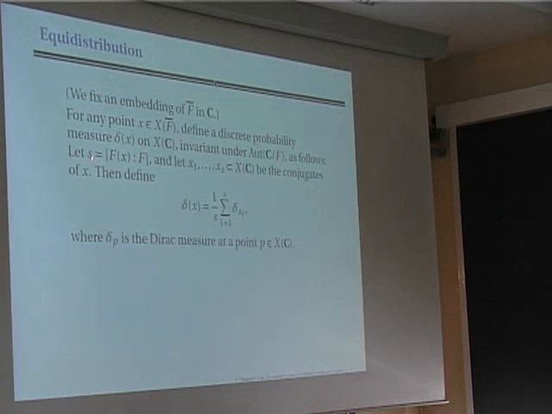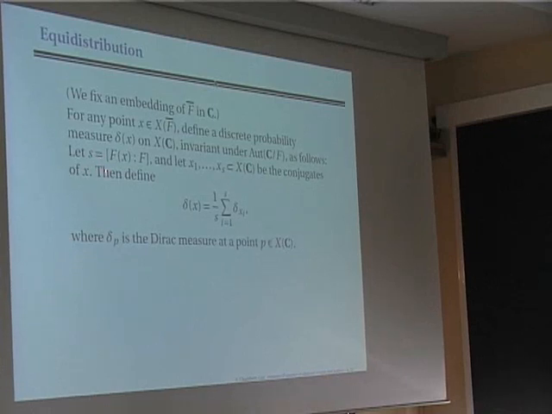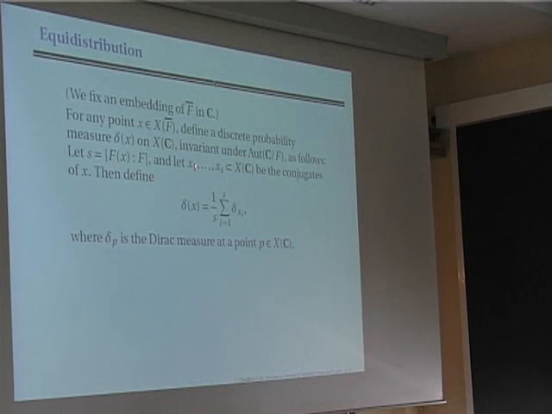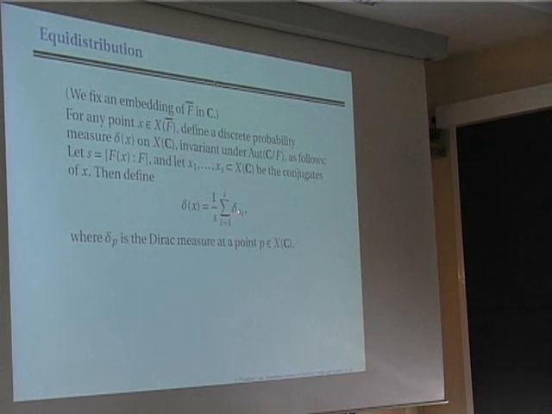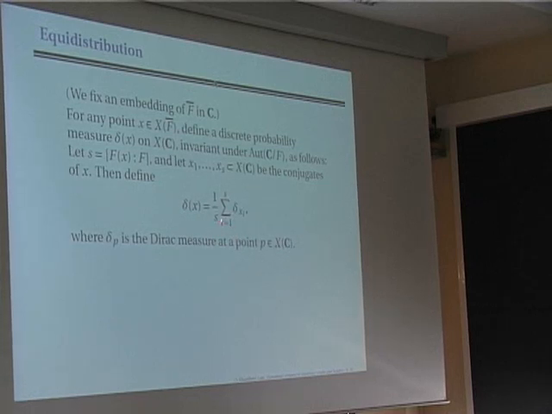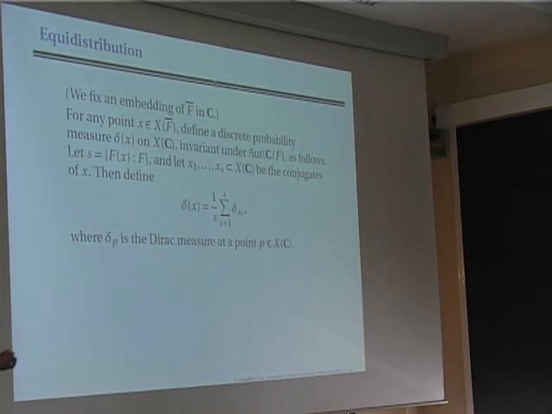So I denote by S the degree of the field generated by x, and by x1, ..., xs, the set of conjugates. And I simply define the measure delta of x to be the mean of all the Dirac measures, delta xi, supported at the conjugates. So this is a discrete measure.